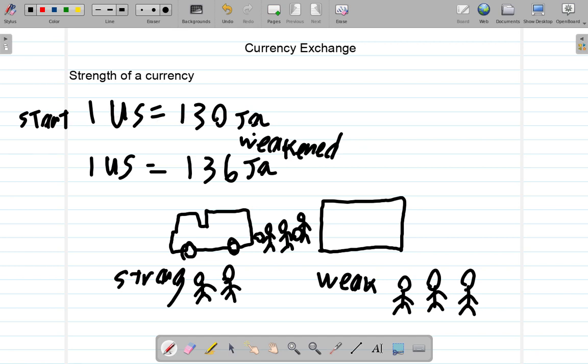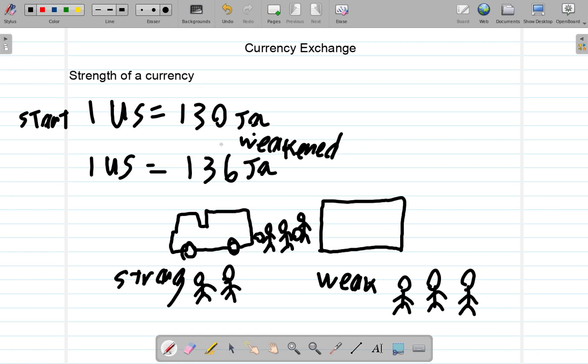The thing is, later on, the Jamaican dollar got weaker. It means when the Jamaican dollar got weaker, you needed more of them to do the same work as $1. These men, when they got sick and weak, you needed more of them to do the same work. Alright? 2 of them can't manage it anymore, you needed 3.